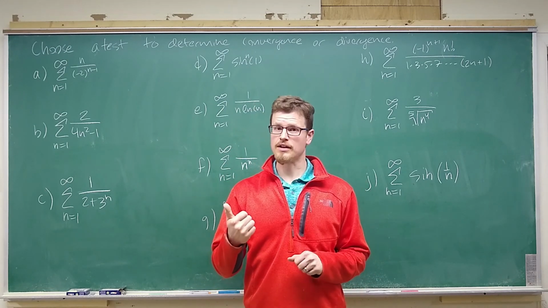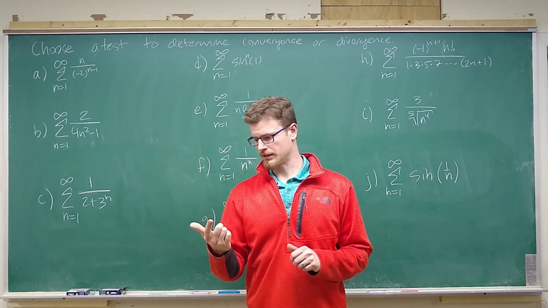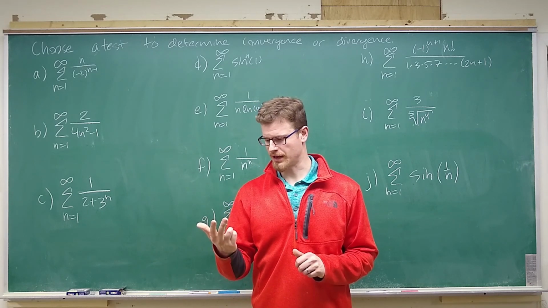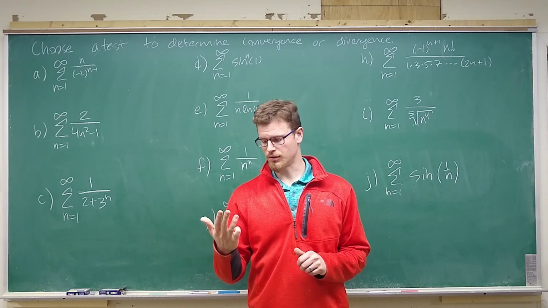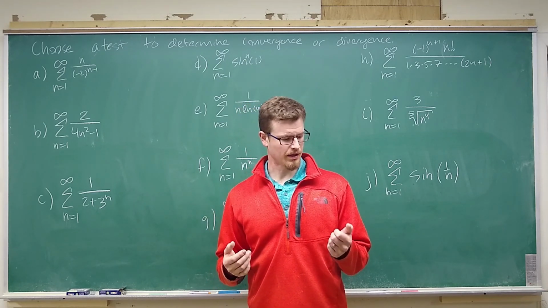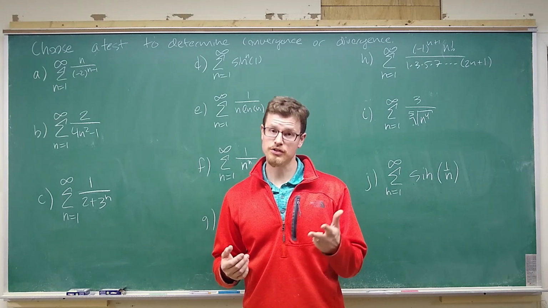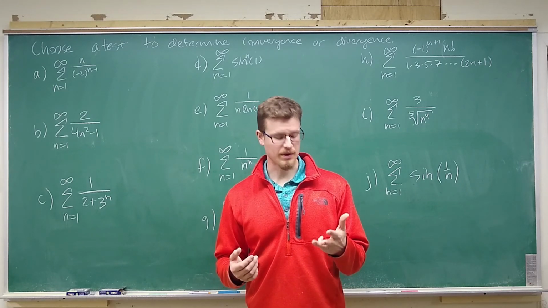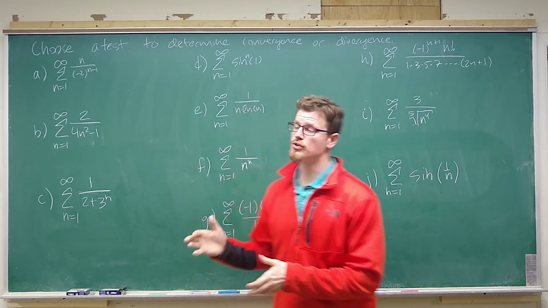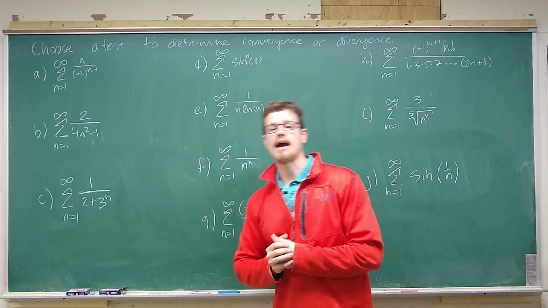Those tests are the nth term test, geometric series, a telescoping series, and then we have a p-series or the integral test, and we have the direct comparison, the limit comparison, alternating series, ratio test, and root test. All right, so that's our 10 tests. And we would like to use each of those tests once on these 10 examples that we have.